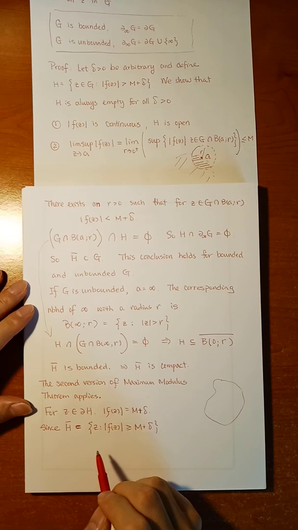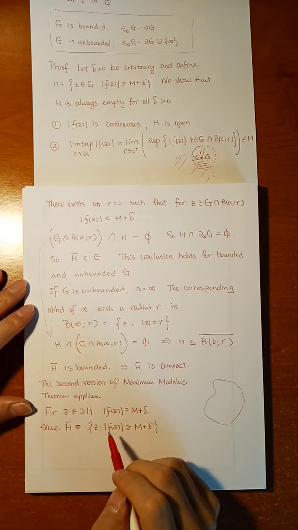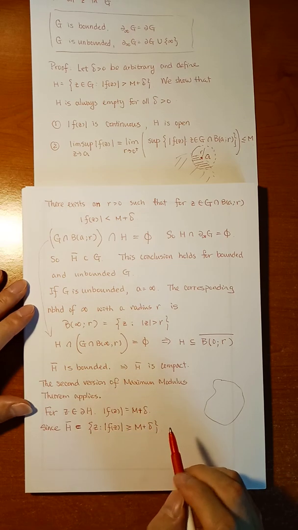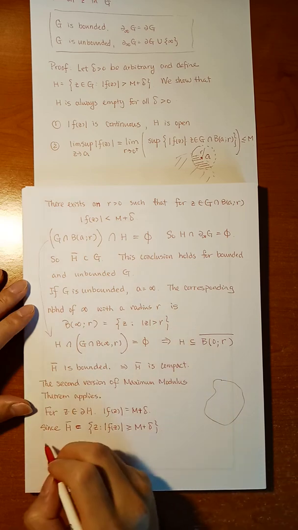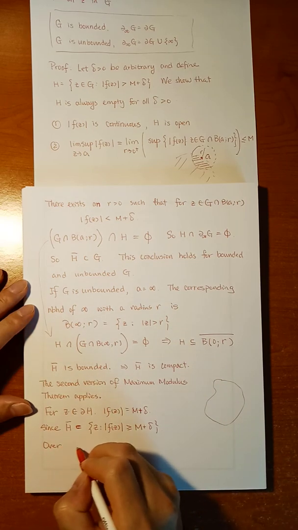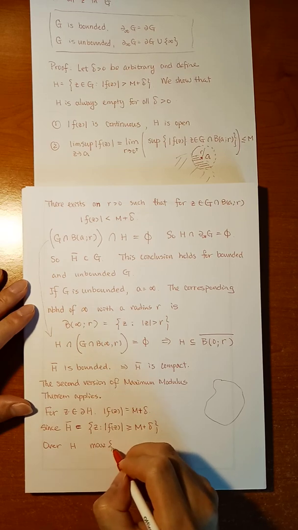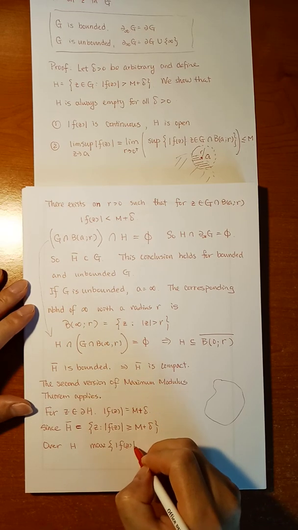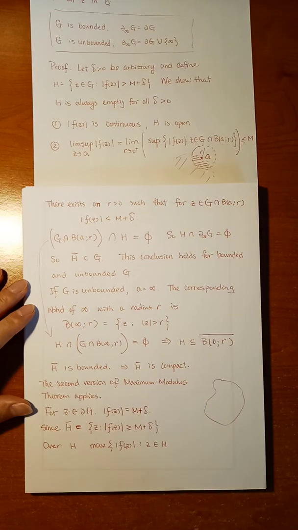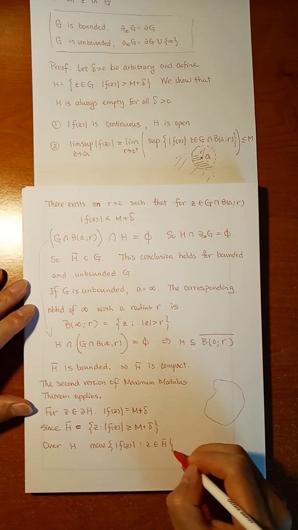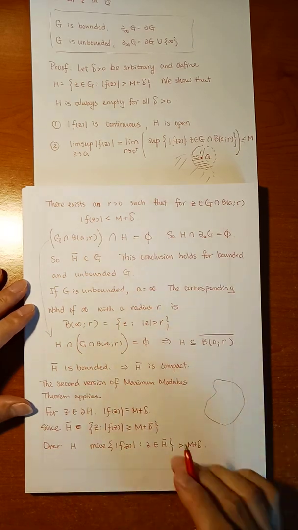But here, this condition contradicts the second version of the maximum modulus for H. Why is it contradicted? Over H, the maximum is definitely greater than m plus delta, because by definition it's like this.